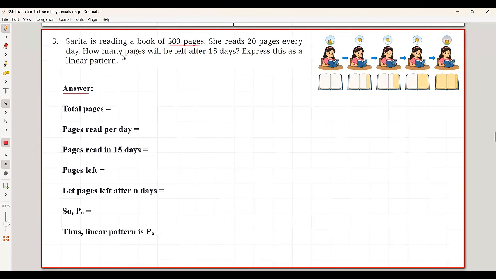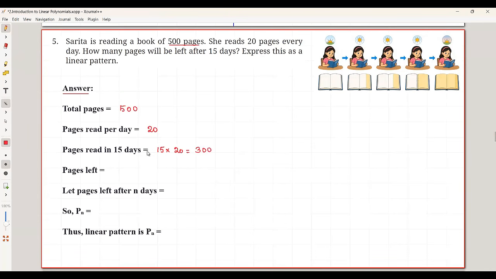Answer: total pages given is 500, and pages read per day is 20. For one day 20 pages, then for 15 days you have to multiply with 15. 15 into 20 is 300.